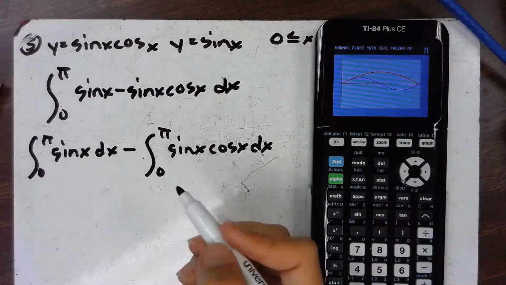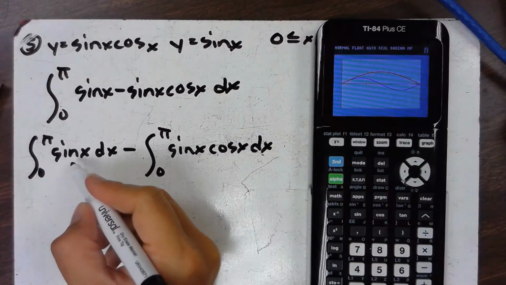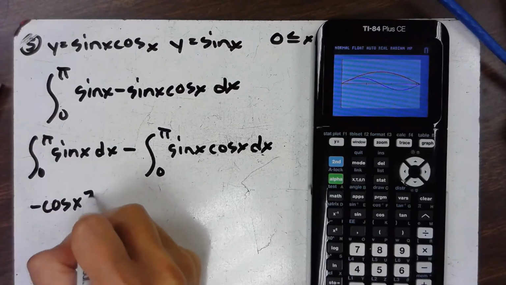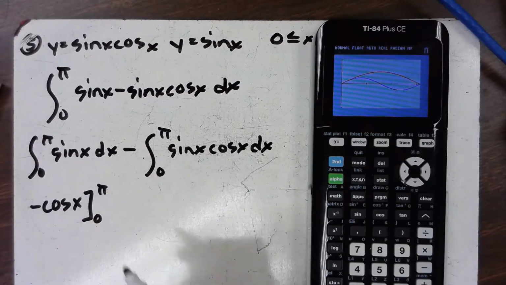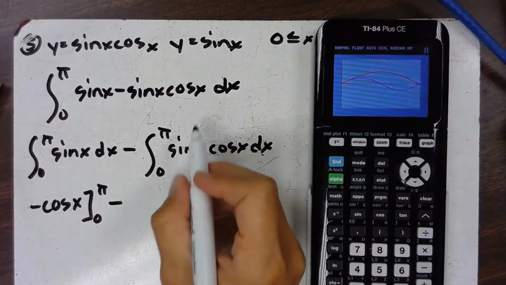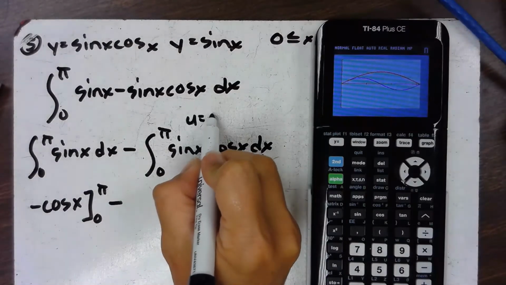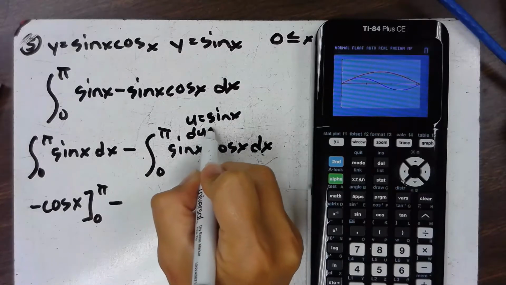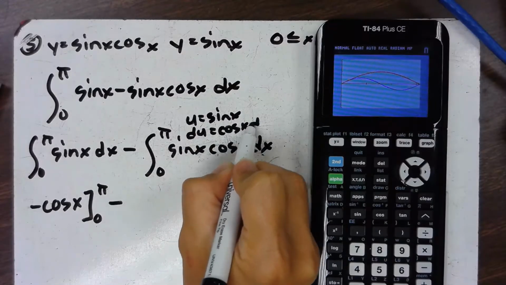Okay, here, when I integrate that, that is negative cosine from 0 to pi. Now here, when I integrate that, I can make u equal to sine x, so du equals cosine x dx.